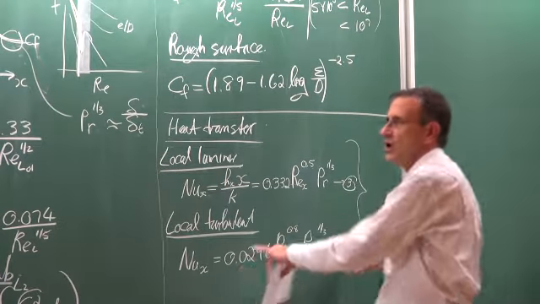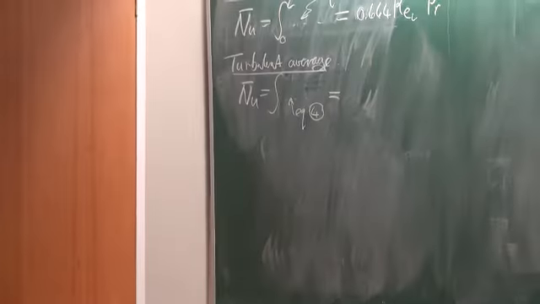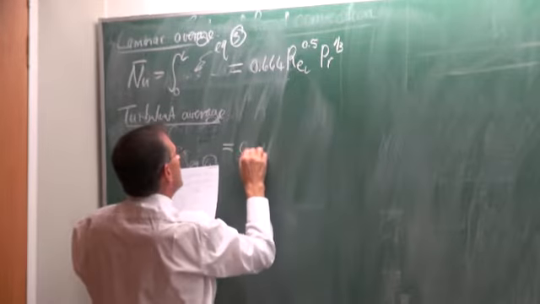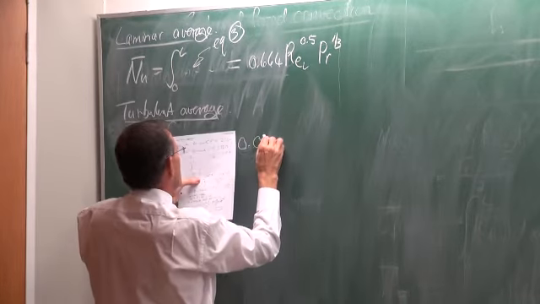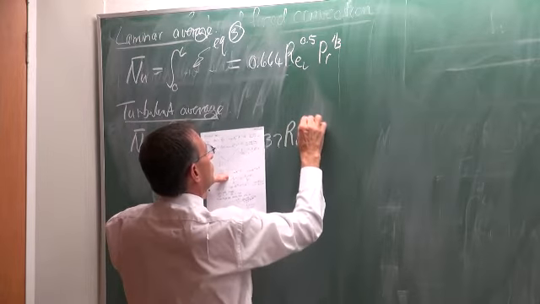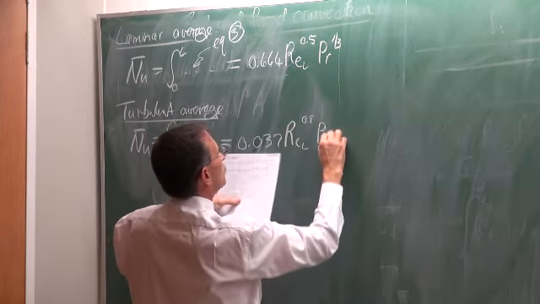So if we take this equation, put it into that equation, actually determine the area underneath divided by the length, then the result is that the Nusselt number is equal to 0.037 multiplied by Reynolds to the 0.8 and Prandtl to the third.